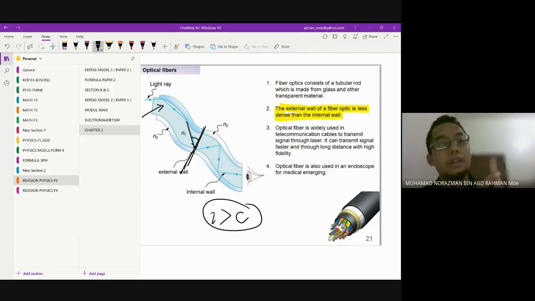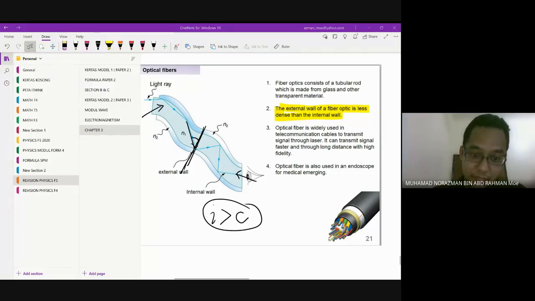So mesti bagi tahu inner core is denser than outer layer. Tu dah 2 markah. Then incident angle is higher than critical angle of inner core. So tu dah 3. Hence total internal reflection occur. Dah 4 markah.